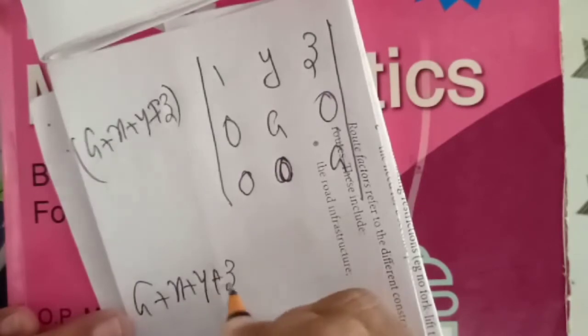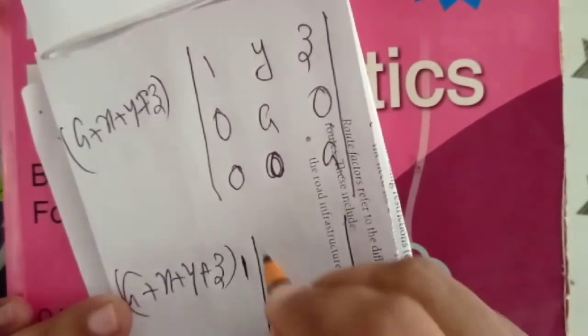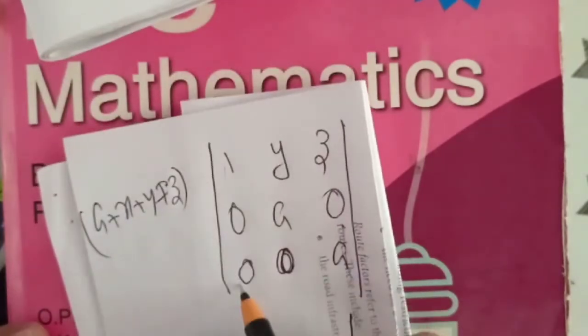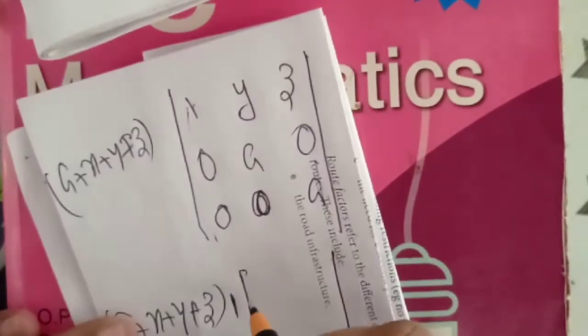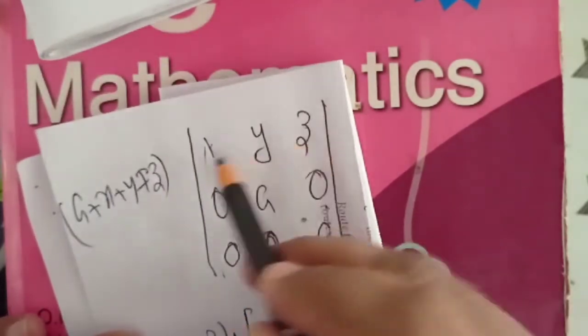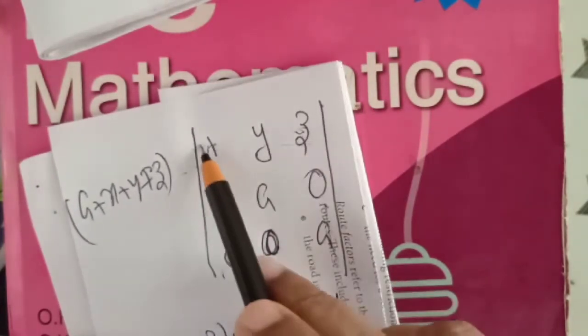a plus x plus y plus z into, say the step, 1 into its minor. Here we can expand along the first column. 1 into its minor. How can you find its minor? Minor means deleting the row and the column in which that particular element occurs. 1, y, z, 1, 0, 0.